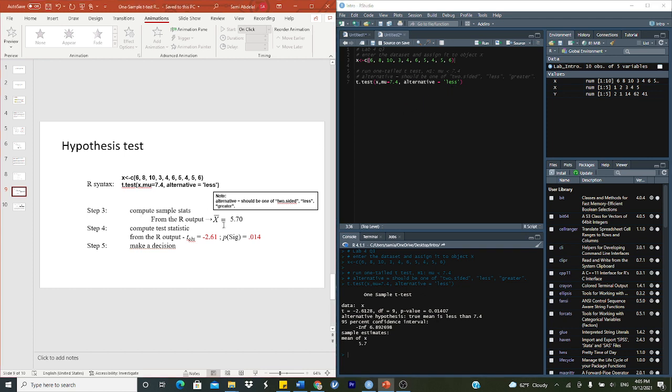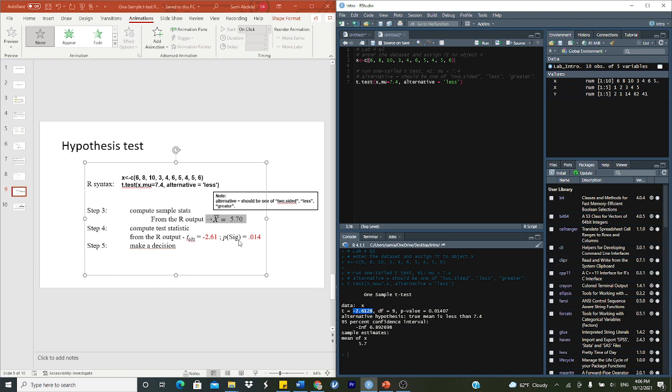We have, again, our sample mean right here, 5.7, which we got from down here. And then now we can compute our t-statistic, or we did compute our t-statistic, excuse me. So t observed is going to be negative 2.61. Go to the hundredths place. We don't need to round up.